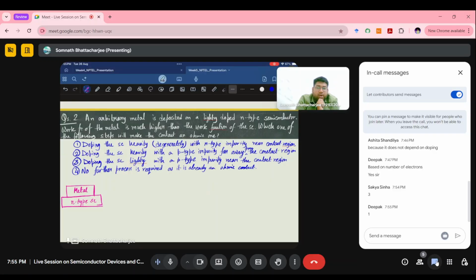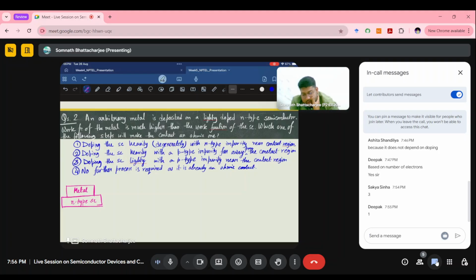So what would happen if we dope it near the contact region with p-type impurity? It would kind of make it an intrinsic semiconductor, and based on that, the metal and semiconductor would form a junction.